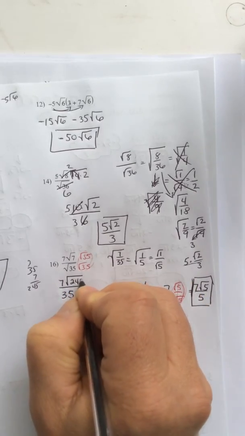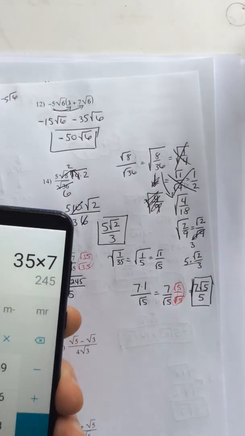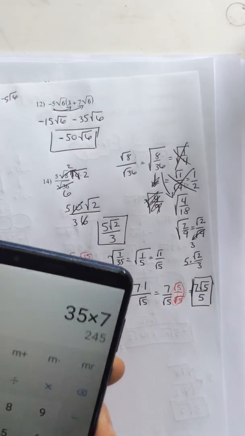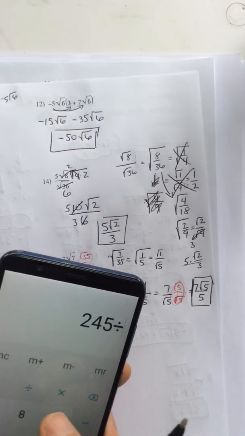245. Okay, well, let's see. The square root of 245, I'm going to use my calculator here just a little bit. So let's see if that can break up into one of those perfect squares. I'd like to see if 9 will.